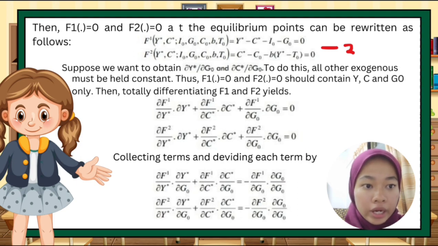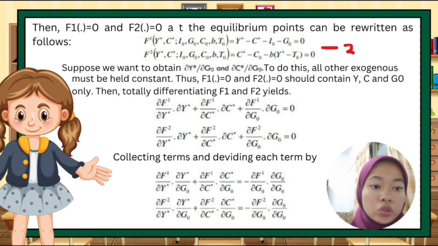F1 equals Y minus C minus I minus G equals 0, and F2 equals C minus a minus b(Y minus T) equals 0.